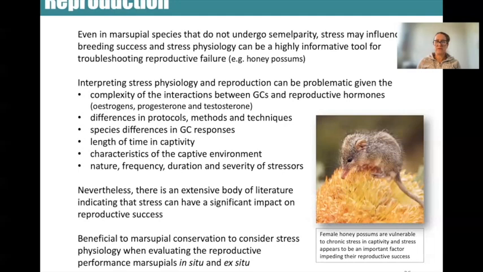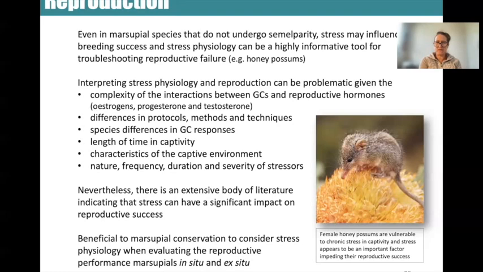Length of time in captivity has to be taken into account, as well as different characteristics of the captive environment, and, of course, the nature, frequency, duration, and severity of stresses that individuals are subject to. But there is an extensive body of literature indicating that stress can have a significant impact on reproductive success.